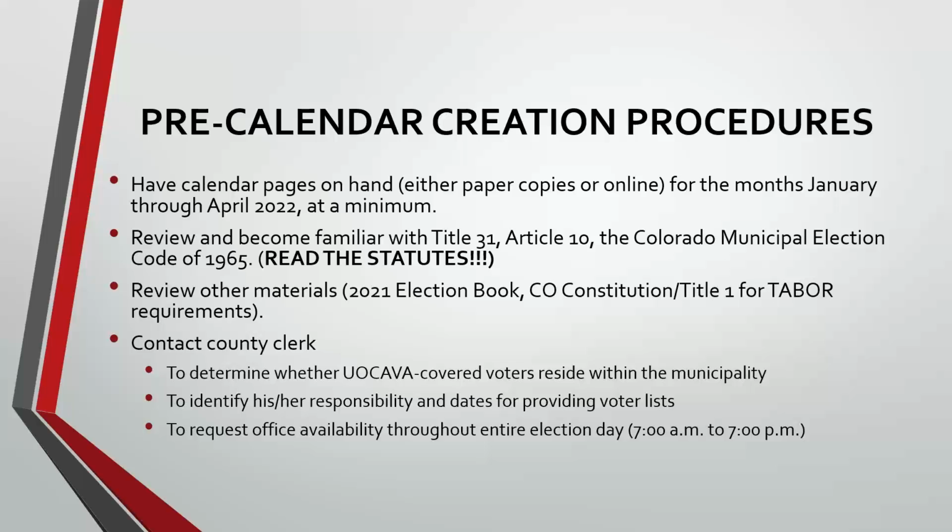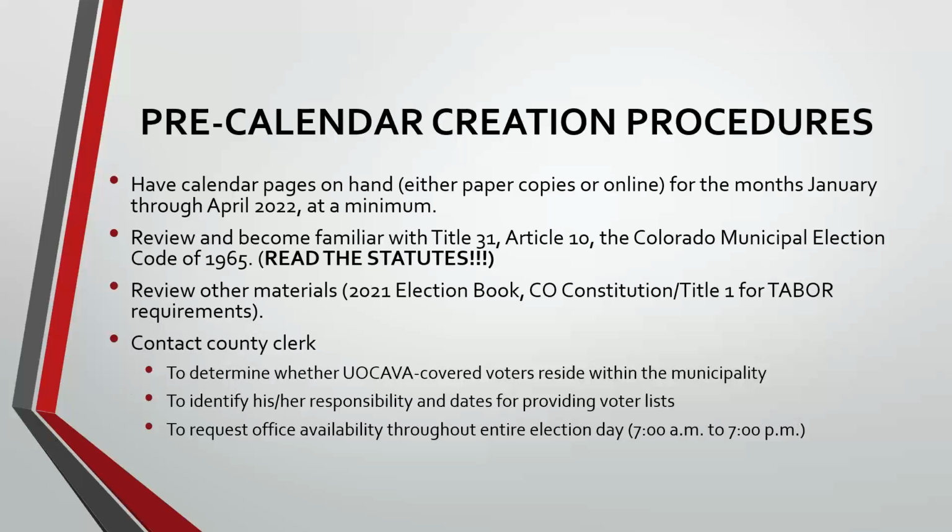There's also information if you've got a ballot issue, a TABOR issue on your ballot, in addition to your candidate elections. You want to make sure you're familiar with the provisions of TABOR. Those can be found in both the Colorado Constitution and in Title 1. And I think all of you by now should probably have received the 2021 Red Book, the Colorado Revised Statutes.